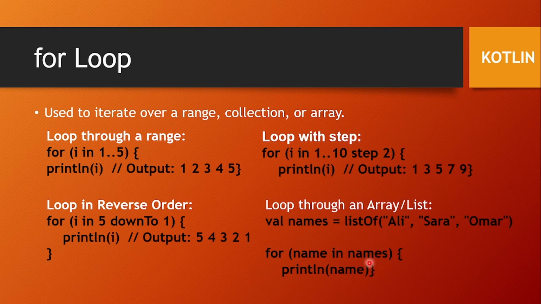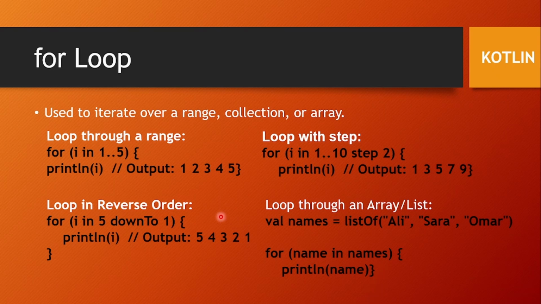The name of our list is names, which we are initializing here, and this block of code, which is printing the name variable, will be executed as long as we have an element inside our list. If there is no element, this for loop will stop or exit the block.